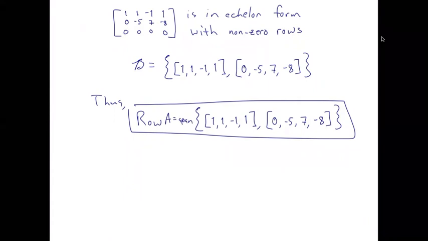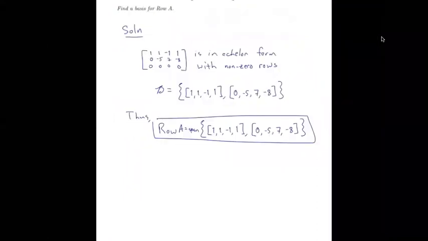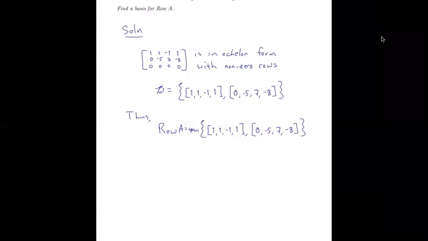But the better notation overall is to write our basis as this set. It's given right here. We just pull our non-zero rows from row echelon form, and we've got the basis we need.